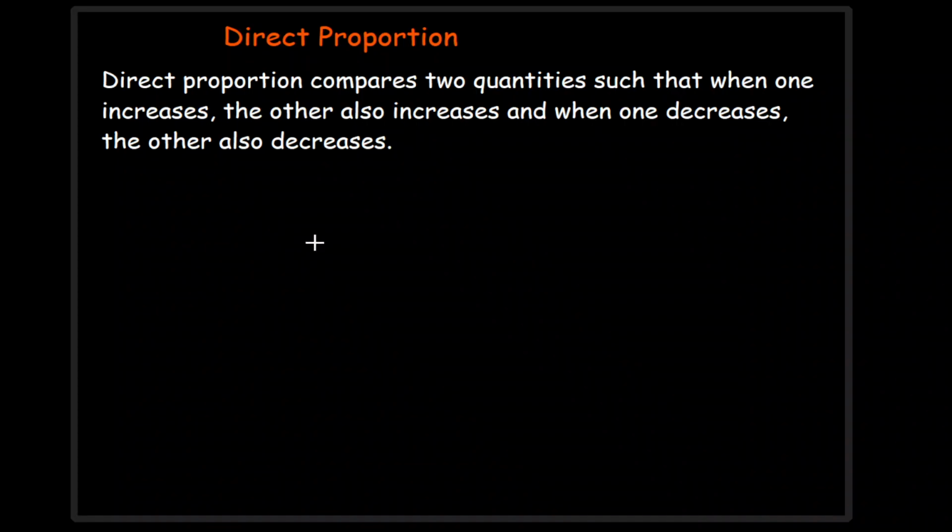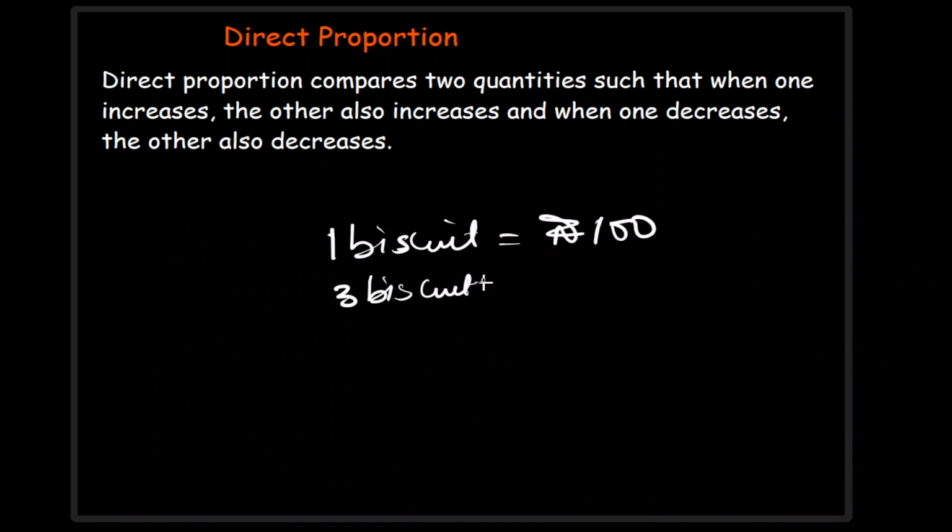For example, we have one biscuit equal to, let's use the naira, 100 naira. Now if I'm increasing the number of biscuits, maybe three biscuits, the two quantities we are dealing with here are biscuits and money.